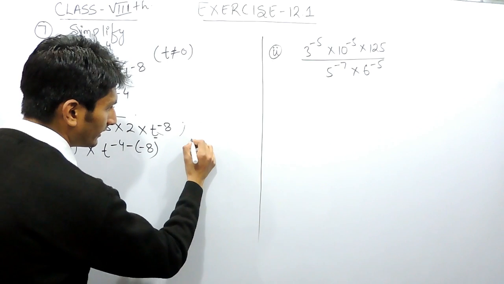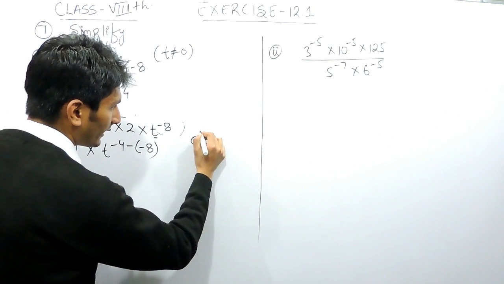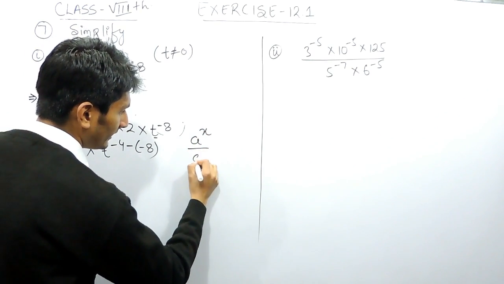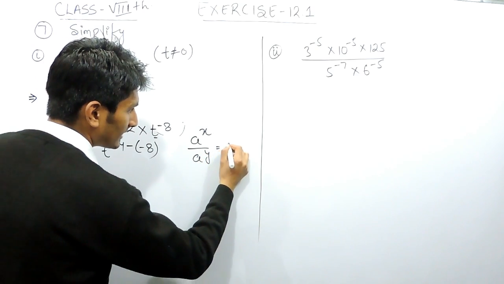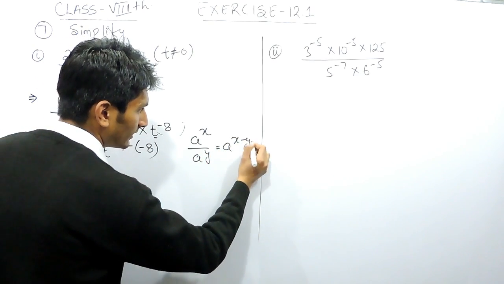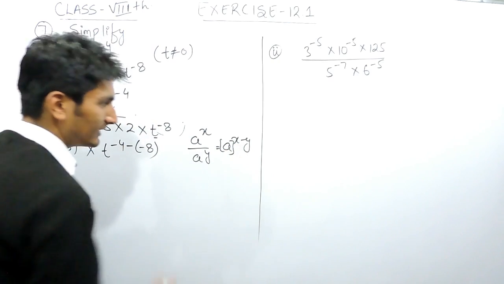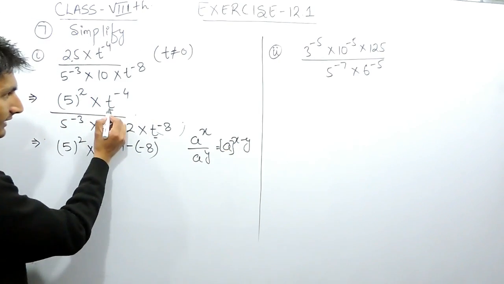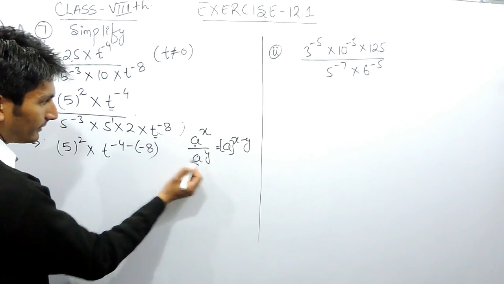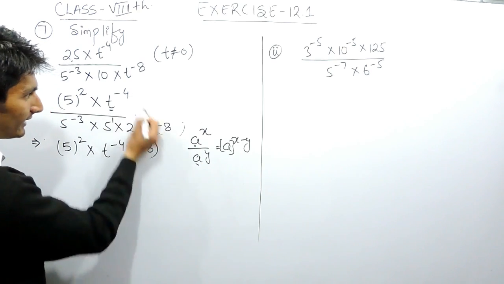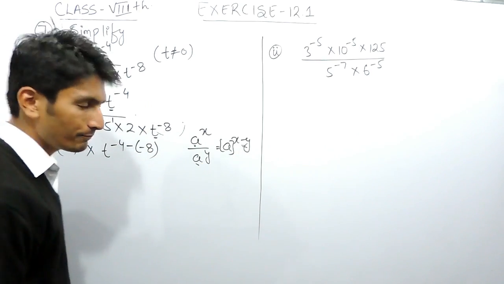This is because if I have a raised to power x and a raised to power y, in this case I can write this as a raised to power x minus y. The base a is the same, so the powers get subtracted.